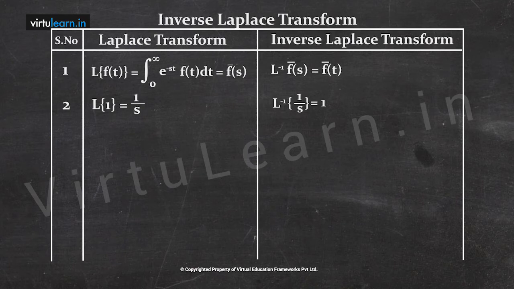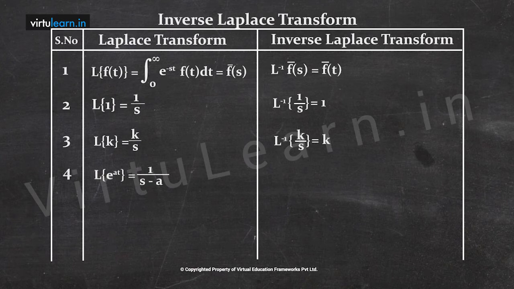In the same way, Laplace transform of k equal to k by s. Now L inverse of k by s equal to k. The answer is k. Now Laplace transform of e power at equal to 1 by s minus a.